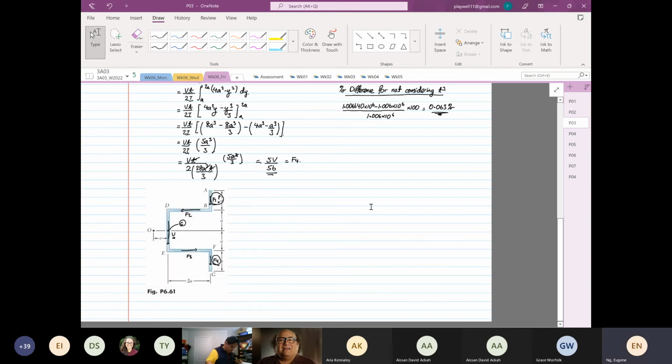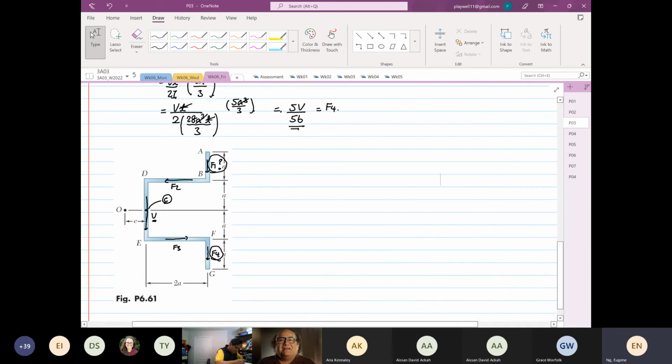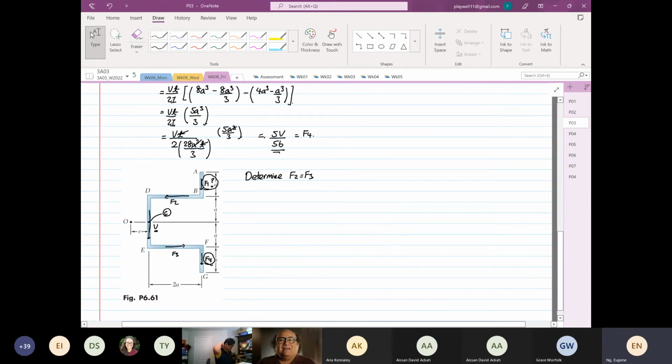So next, we would like to determine F2, which is equal to F3. Now you all get used to the procedure, right?